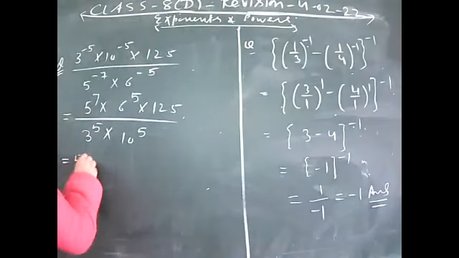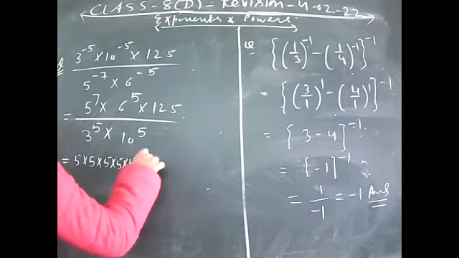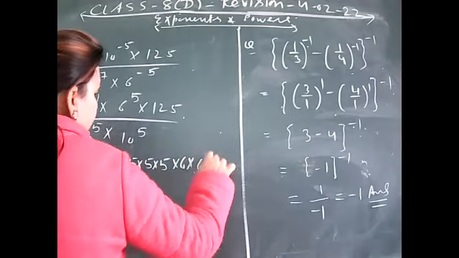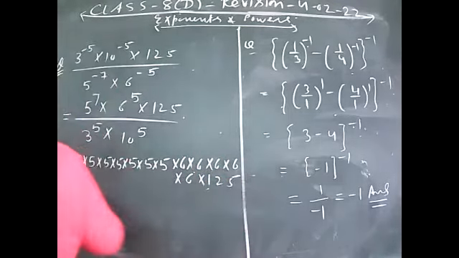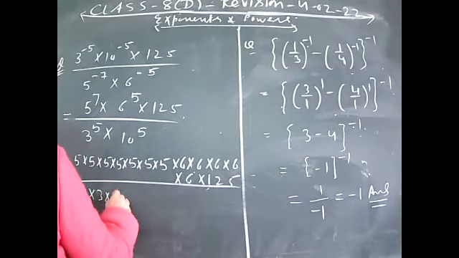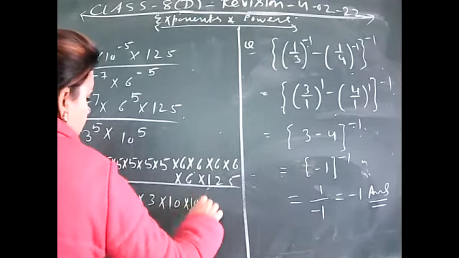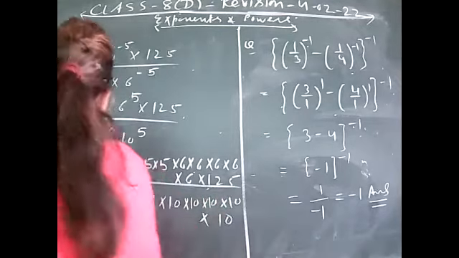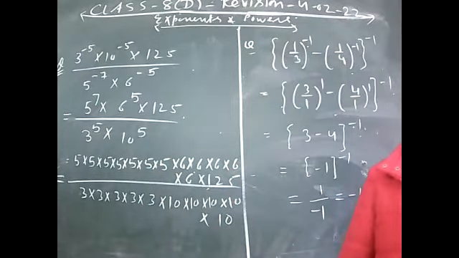So this is 7 times 5, 5 times 6 into 125 upon 5 times 3, 5 times 10. This way, numerator over denominator, you have to do.